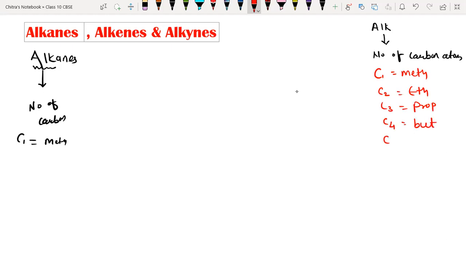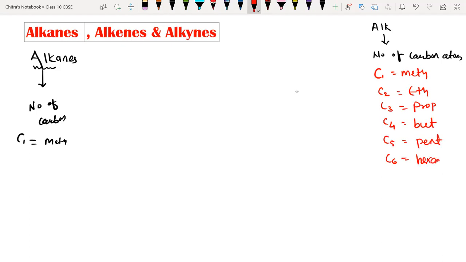If five carbons are there in the hydrocarbon chain, then we use pent. If we have six carbon atoms, then we use hex. Not hexane, only hex. Not sept, sept is for 7.